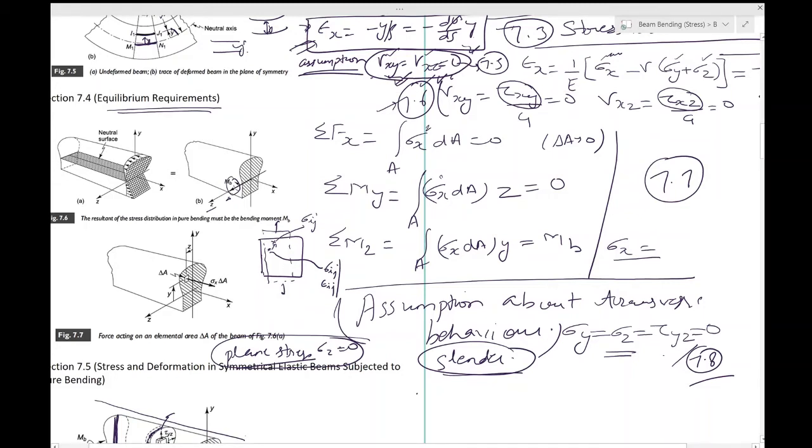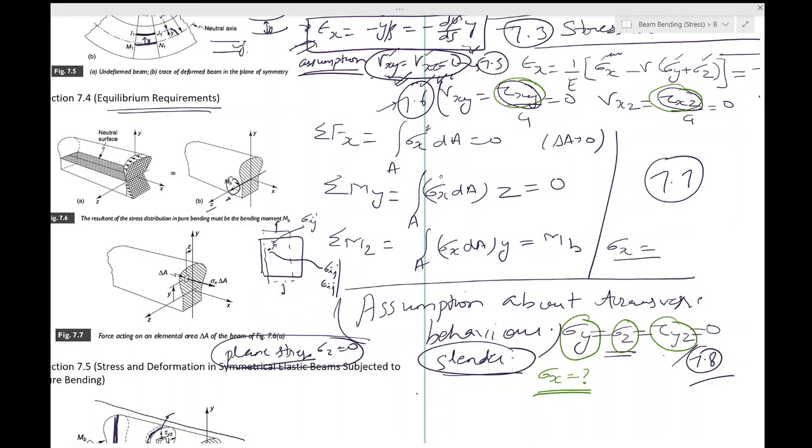We know about 1, 2, 3, we know about 4, we know about 5. Only one thing is remaining. There are only 6 stress components at a point because of the symmetry. That unknown is sigma x. So how would we find this?